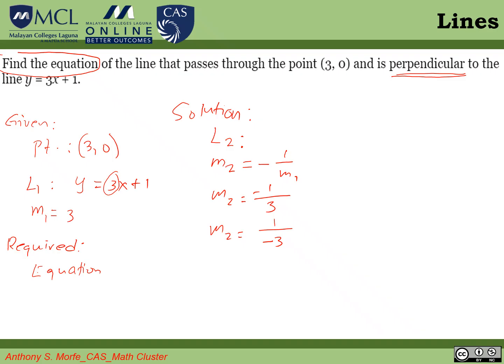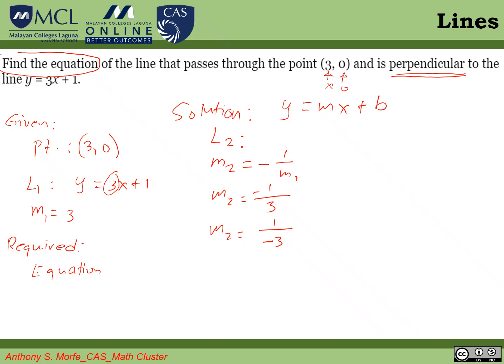So in the solution, we have to indicate what formula we shall use: y equal to mx plus b. Since the line passes through this point, these coordinates must satisfy the equation. This is our x, this is our y.